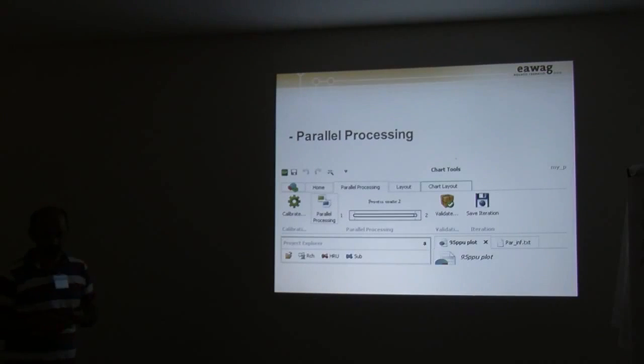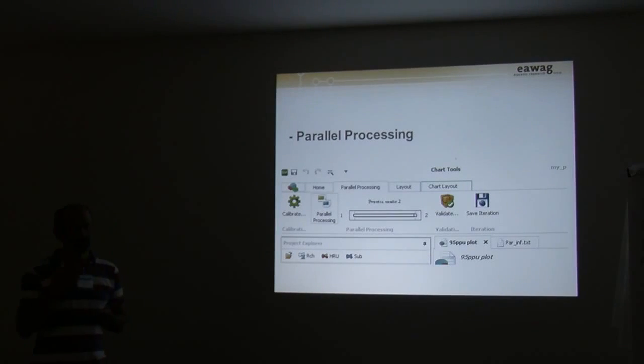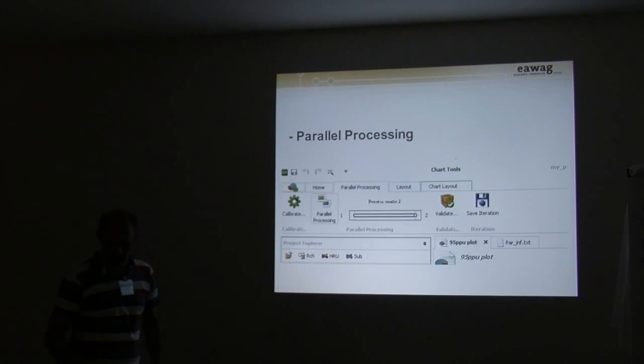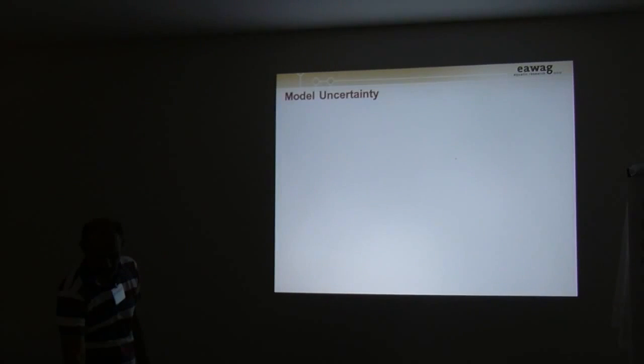What it does is use the number of CPUs you have in your machine, and newer machines have probably 4 to 8 CPUs. Instead of submitting one job, if you have 8 CPUs, you can submit 8 jobs. So it can speed up the whole calibration procedure quite a bit. Instead of making 1,000 runs, if you have 8 processors, you can submit 125 jobs each, and really cut down on the time. It's a good program, but right now it's licensed.